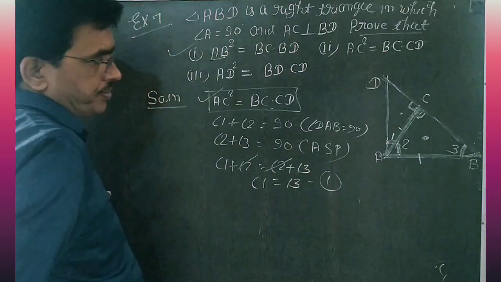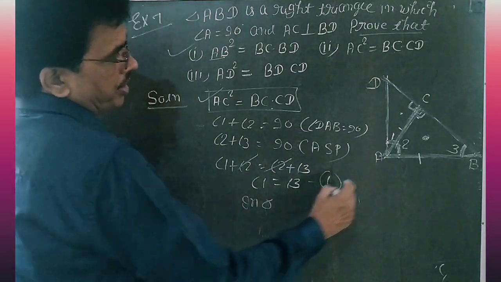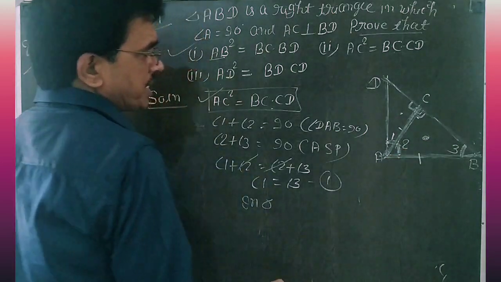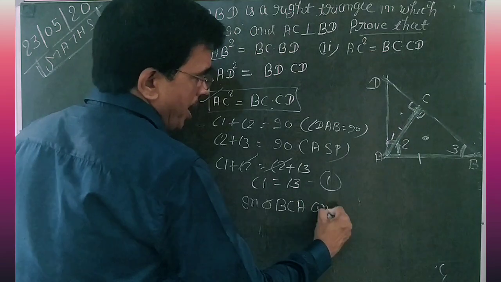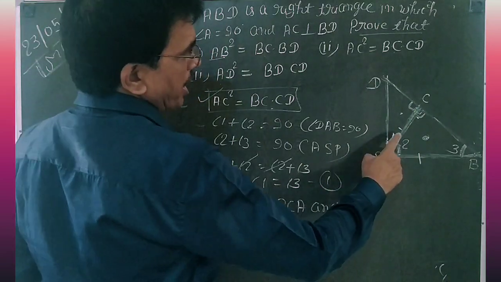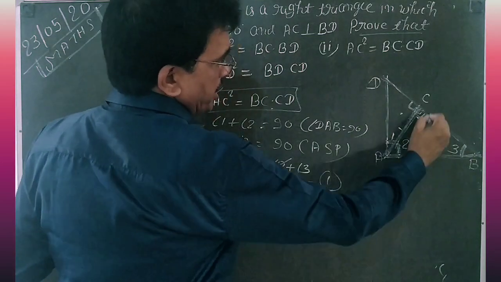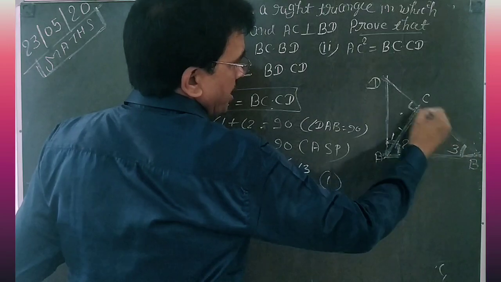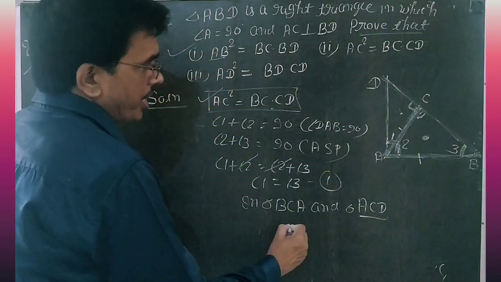As it is. Now write in triangle BCA and triangle ACD. This is BCA and ACD, this triangle and this triangle.